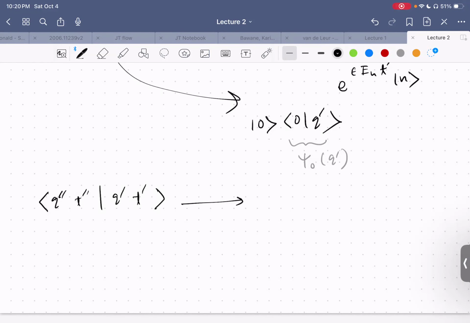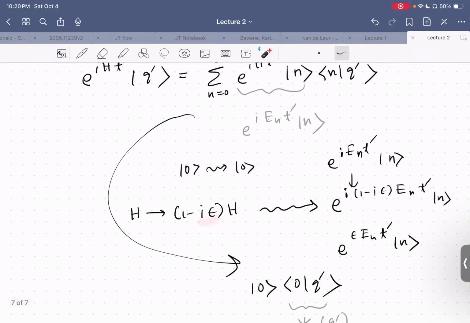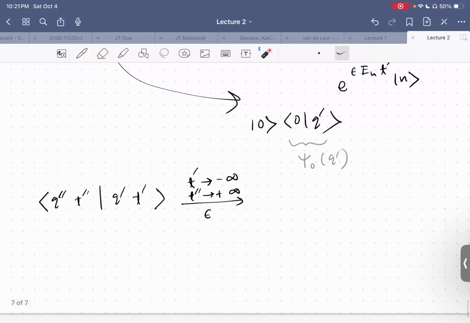But once you take this limit that T prime goes to negative infinity, T double prime goes to positive infinity, and I will also put an epsilon as a reminder that we have to modify our Hamiltonian a little bit by multiplying this with an i epsilon. And then, of course, at the end, we will take epsilon goes to 0. But before we do that, this transition amplitude always boils down to the vacuum to vacuum transition amplitude.